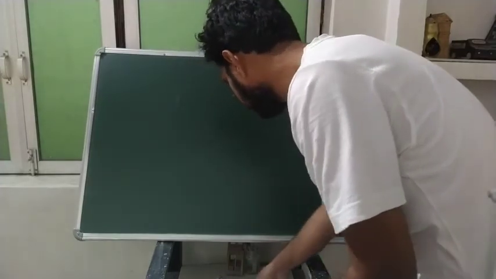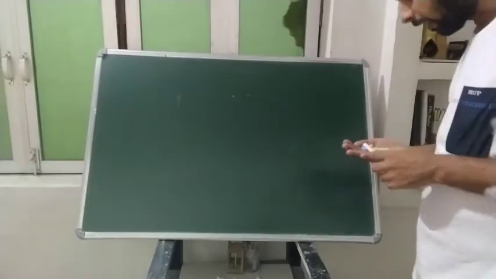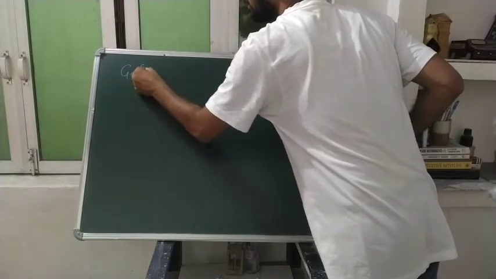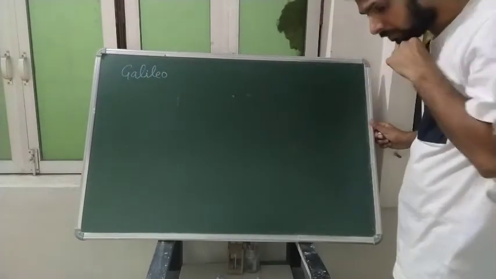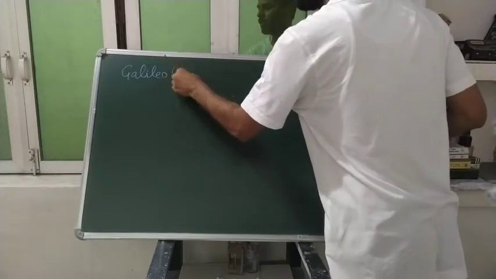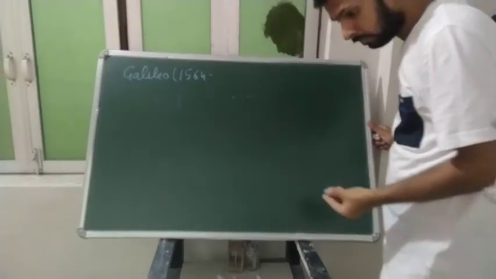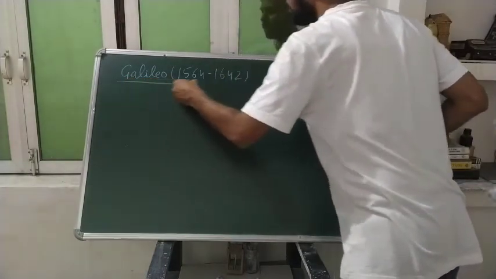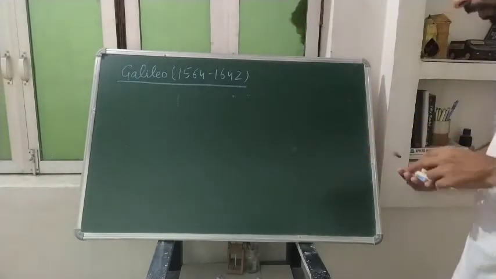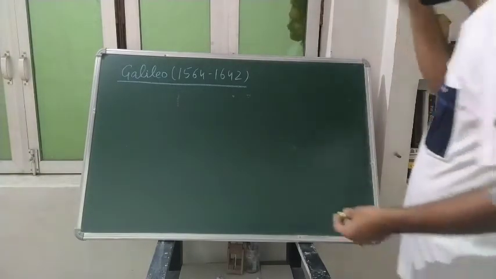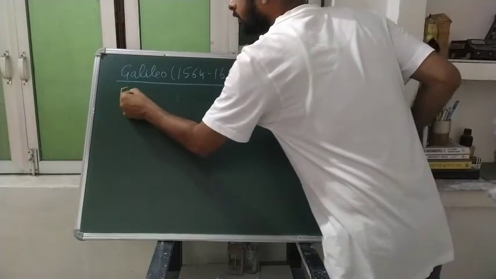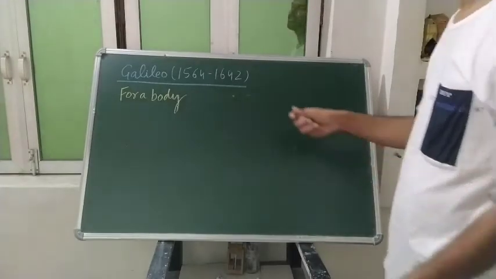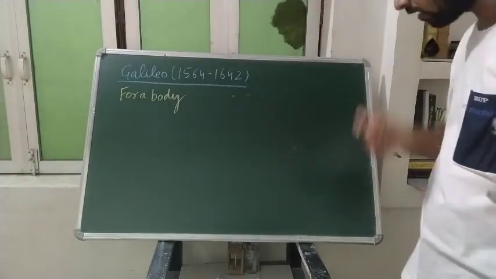After Aristotle, Galileo came. 1564 to 1642 was the time of Galileo, and he told that for a body to maintain its state of motion, no external force is required. You may have seen this Galileo observation in your 9th class.